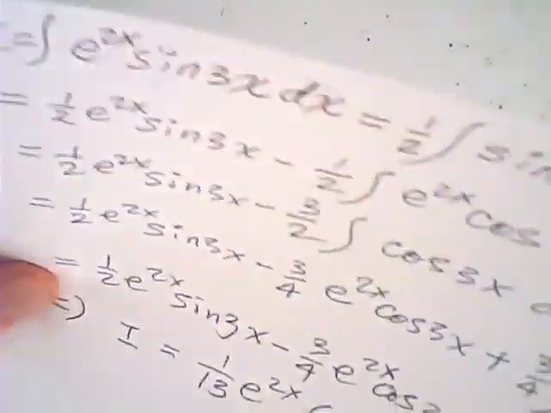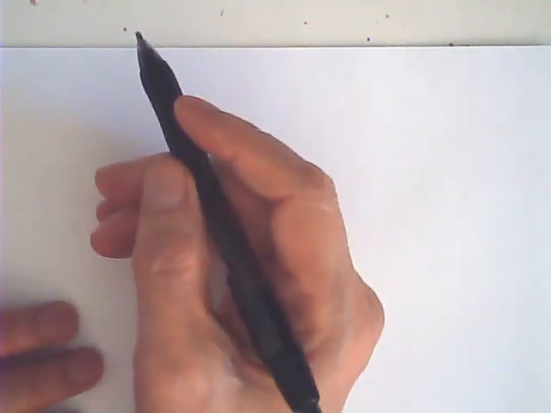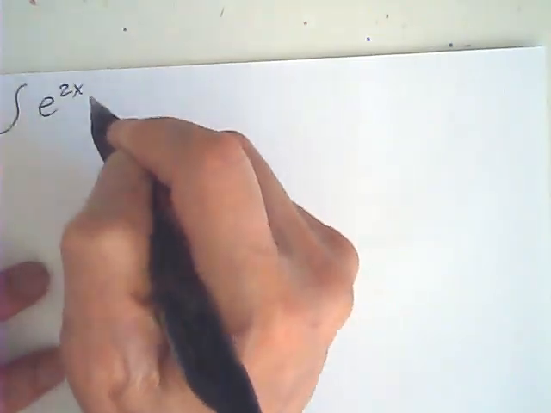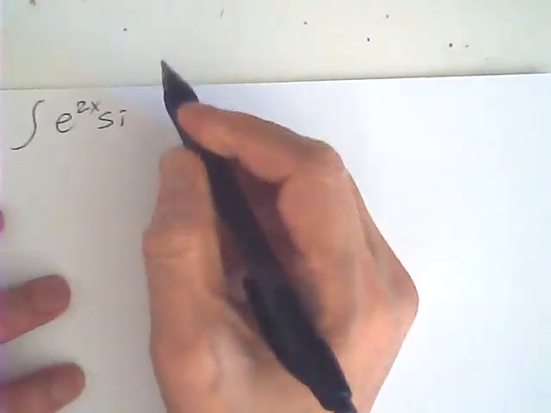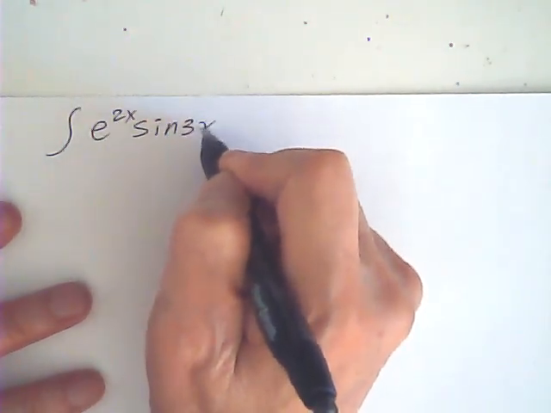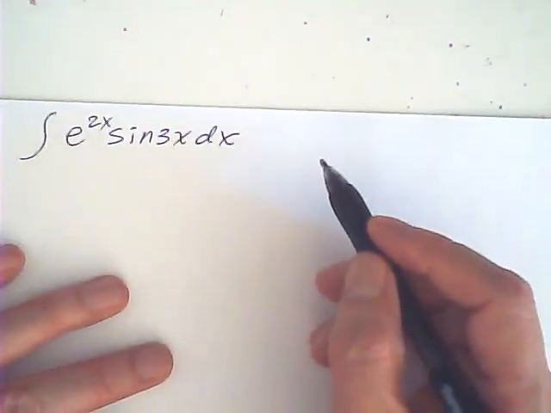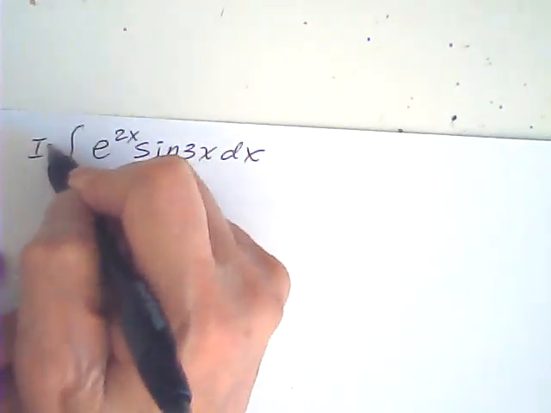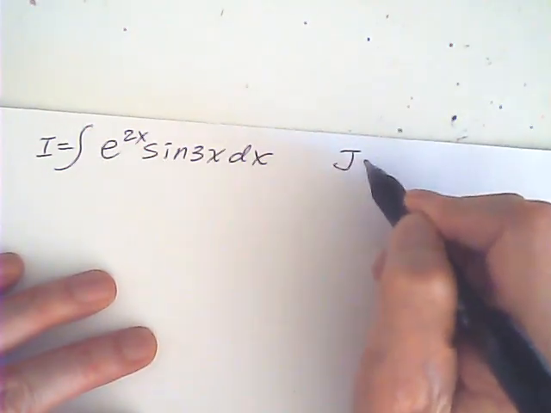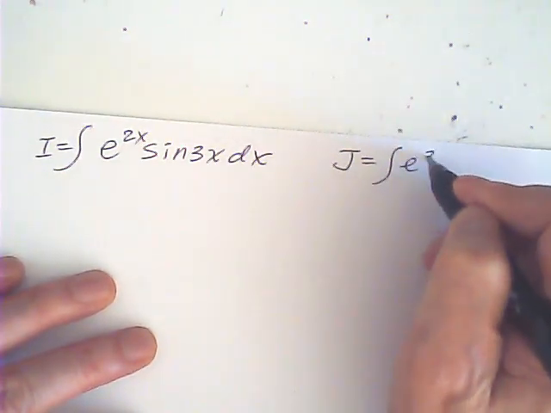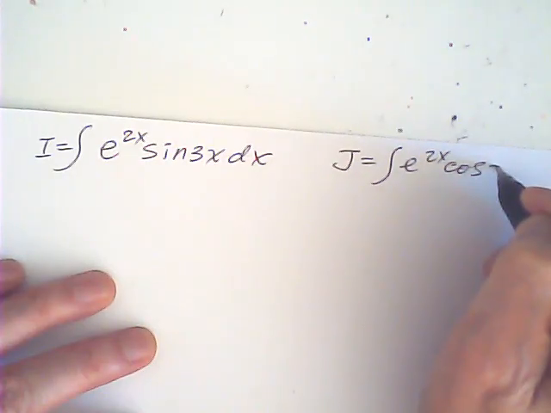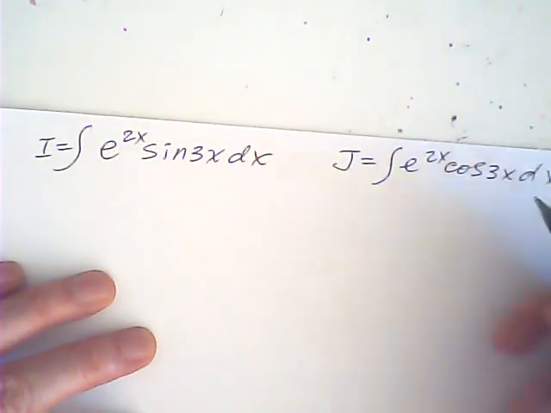Okay, now the second method, method two. It's the integral of e to the 2x sine 3x dx. Now, in the second method, I create an integral J, that is e to the 2x cosine 3x dx.